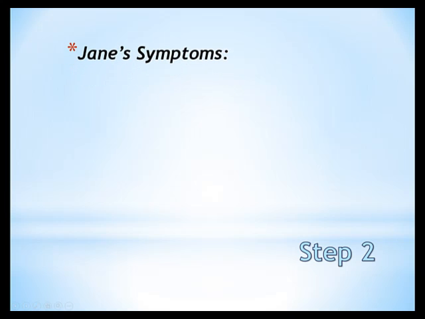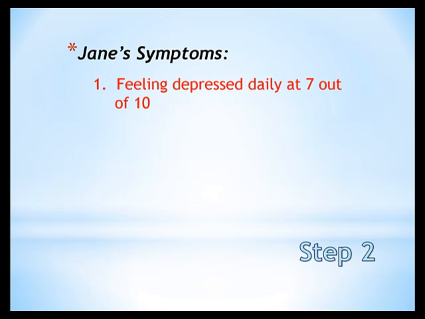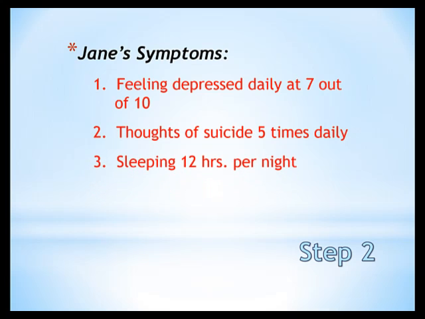So let's use Jane's baseline symptom rates to illustrate this point. As you know, they are feeling depressed daily, 7 out of 10, thoughts of suicide 5 times daily, and oversleeping 12 hours per night. So let's make the objectives be hopeful but clinically realistic reductions.